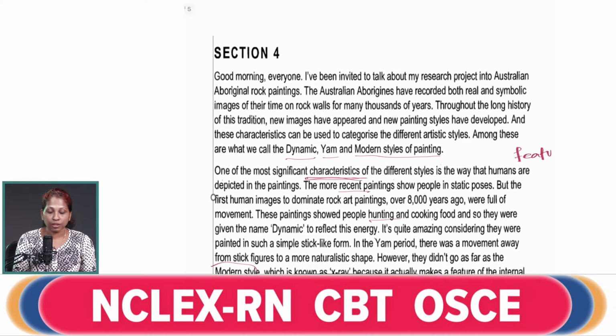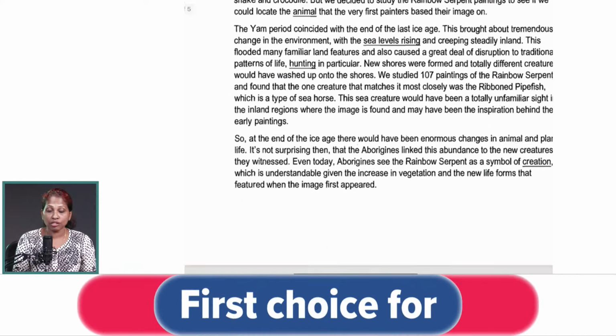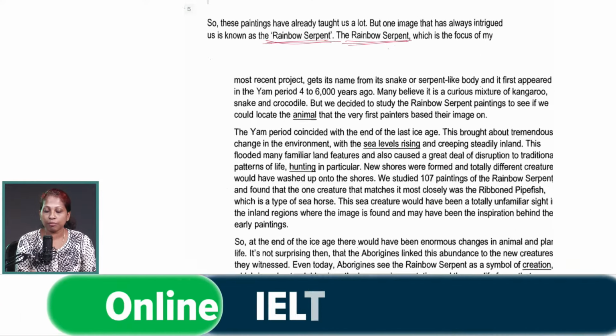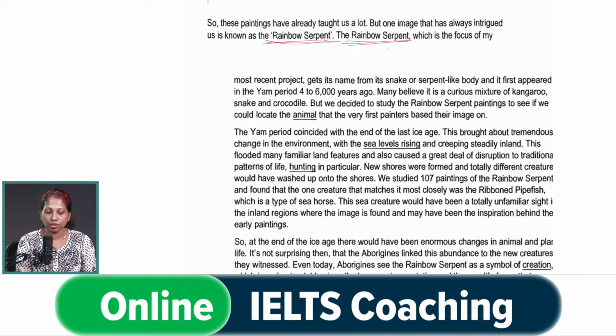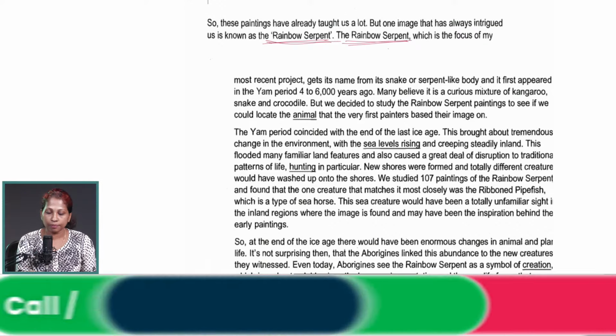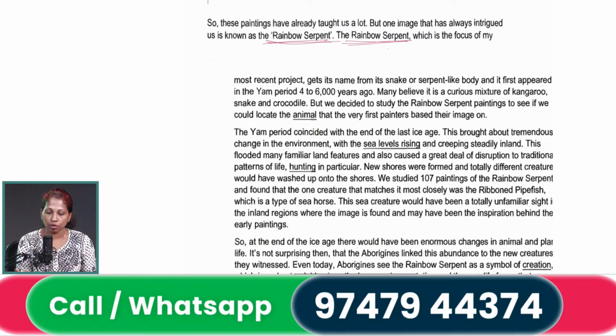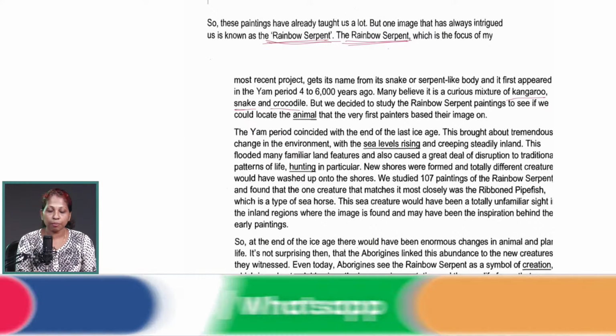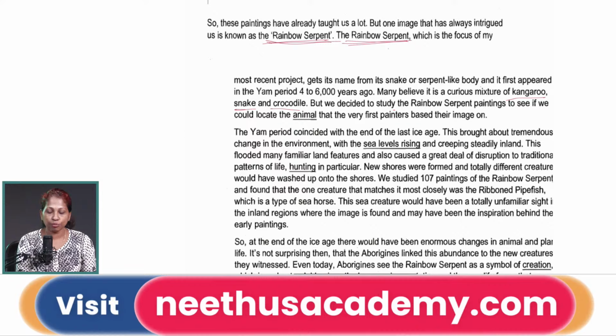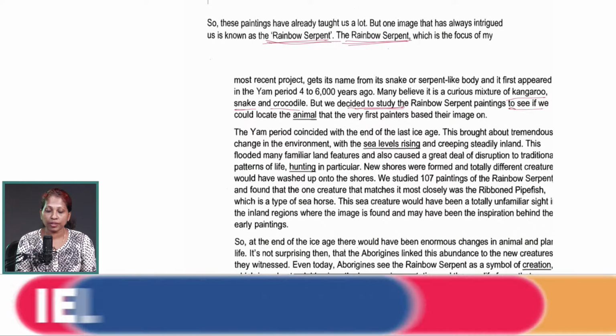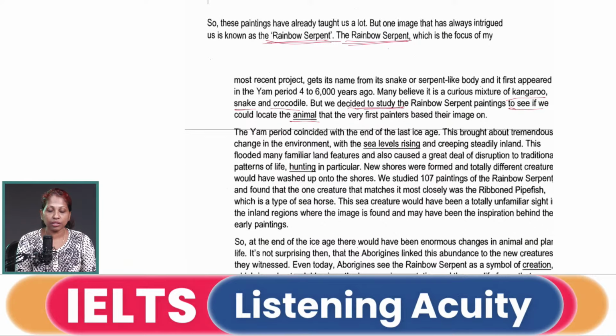So that is the aim. Then, as we read here, it has certain animals. We can see here, many believe it is a curious mixture of what? Kangaroo, snake and crocodile. But we decided to study the rainbow serpent paintings to see if we could locate the animal that the very first painters based their image on.